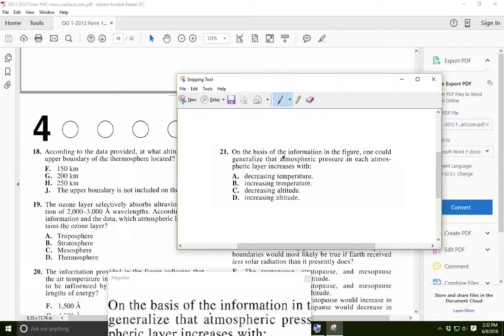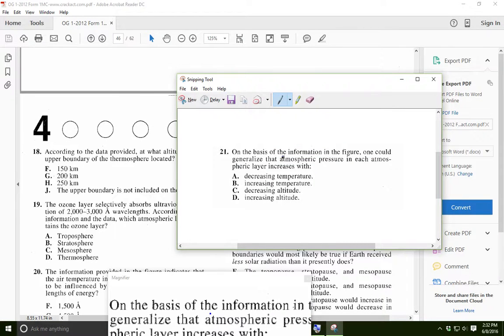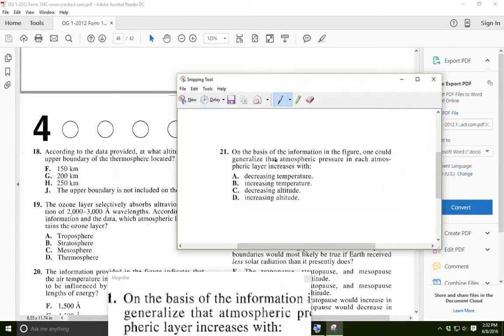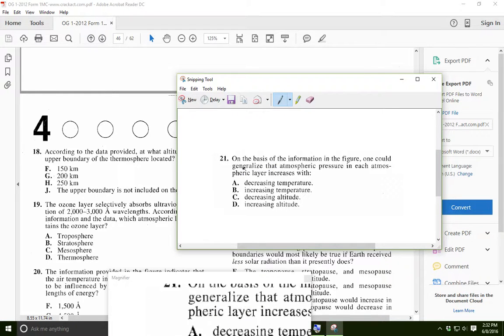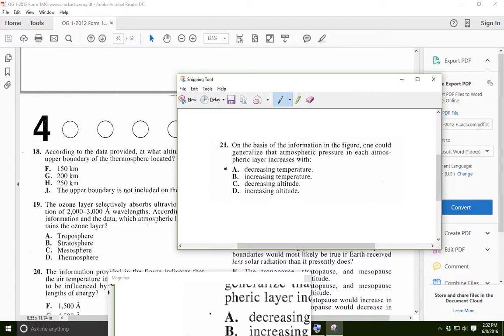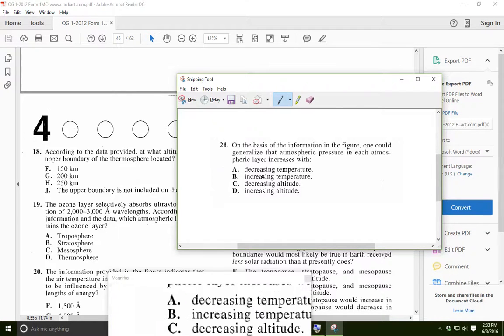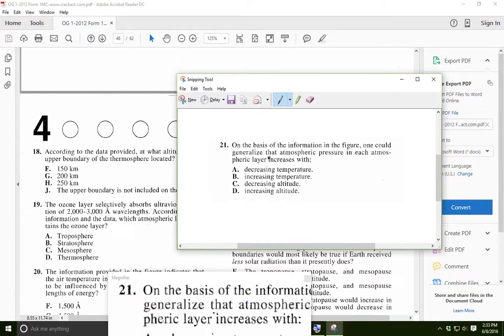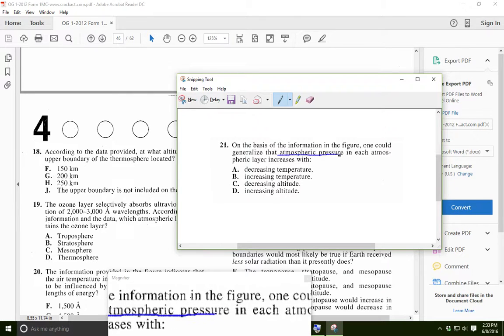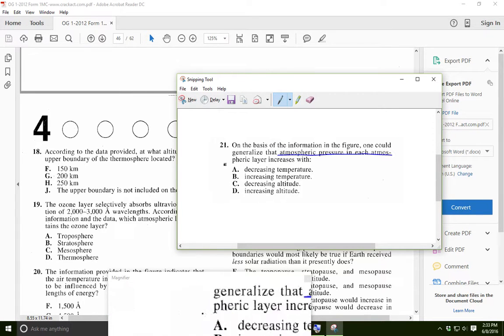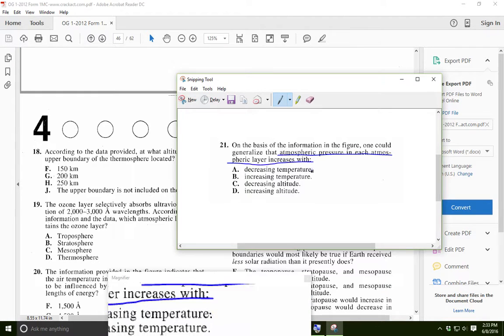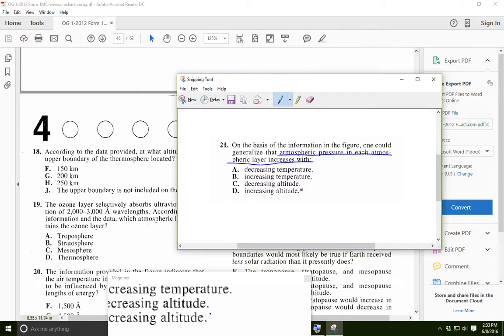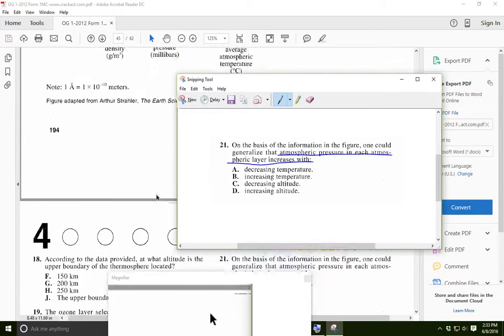On the basis of the information in the figure, one could generalize that atmospheric pressure in each atmospheric layer increases with decreasing temperature, decreasing altitude, or increasing altitude.